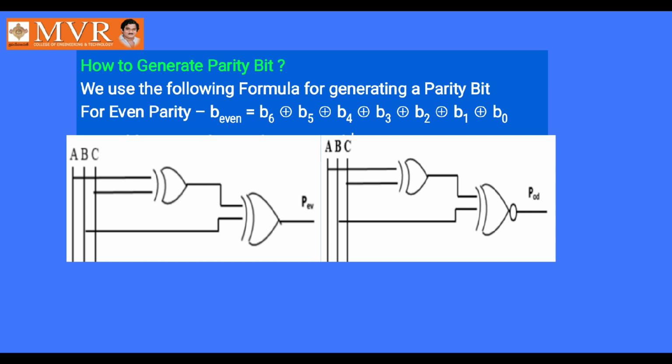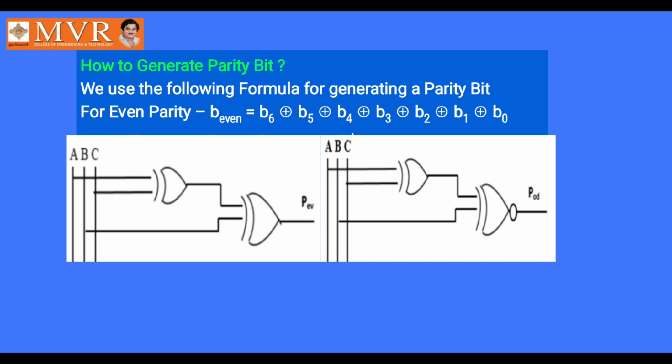B stands for binary even bit. As I told you, there are 7 bits in the input. By following the ASCII format, the binary values are named B0 to B6. Total together 7 bits: B0, B1, B2, B3, B4, B5, B6.